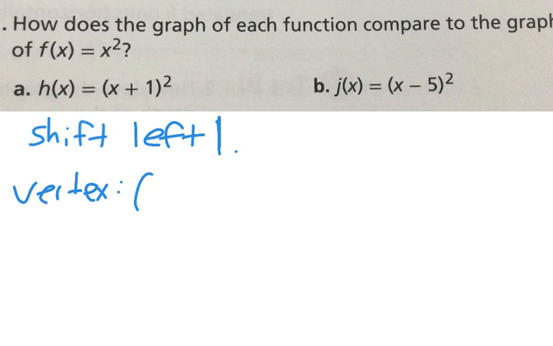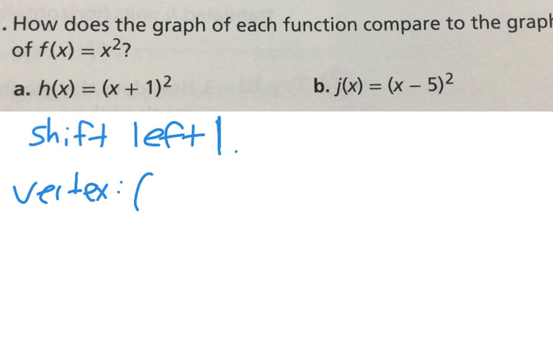Okay, so we obviously need a little bit more thinking through this. X squared normally goes through the origin, 0, 0. You told me this +1 is going to shift the graph left 1. So if I go left 1, then my new parabola is going to be here. Negative 1, 0. That ordered pair is -1, 0.